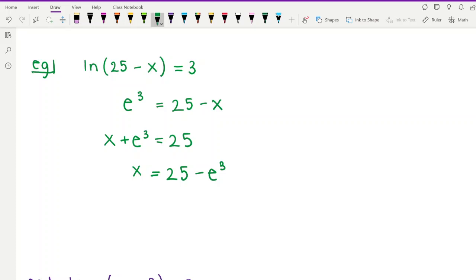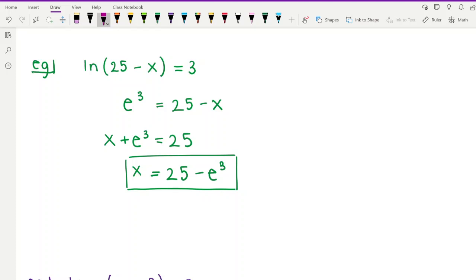Okay, so this is actually our answer, right? This is in exact form. So remember that e is an irrational number. So if you try to type it into a calculator, you're going to get an approximation. And so if you want to have an exact answer, you would need to just leave it like this. So even though it kind of looks like you're not done, this doesn't necessarily look like it's a number.